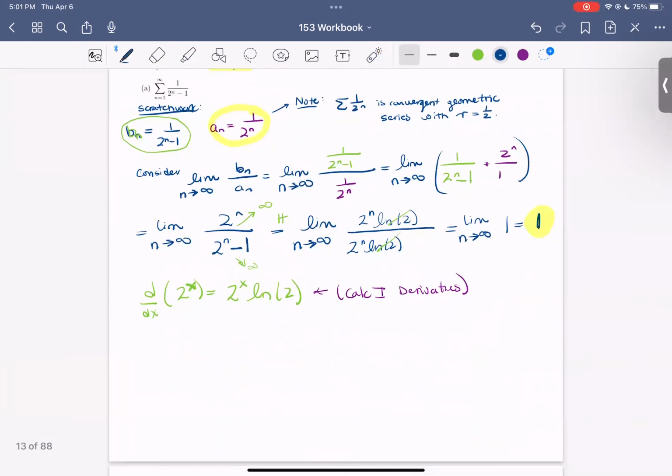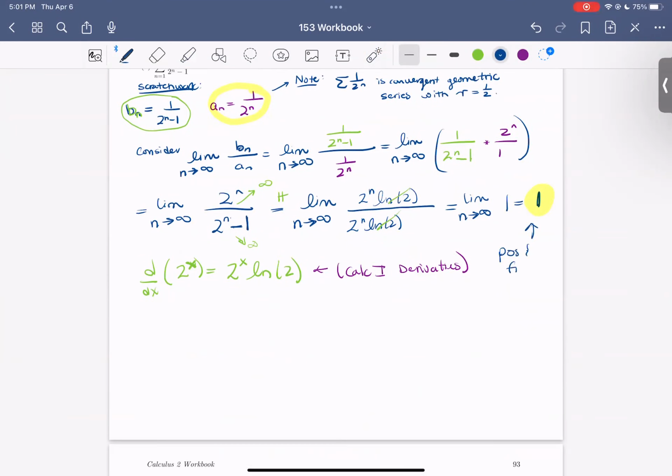So 1 is positive and finite. So what's our conclusion? Sometimes we use 3 dots in math to mean therefore. So therefore, since the series of a to the n converges, so does the series of the b to the n's. Okay. So there's our scratch work.